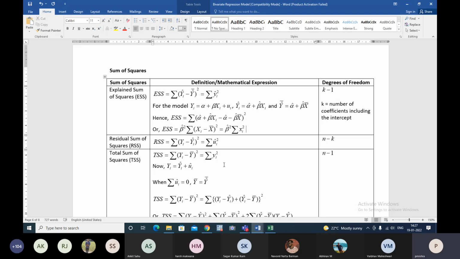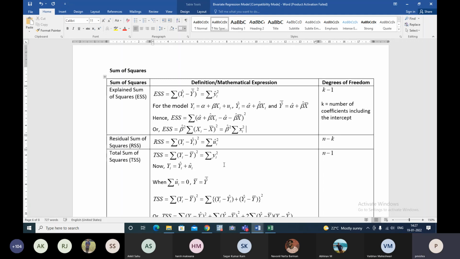Now, this total variation, partly if I consider only one explanatory variable, that is income, and if there are, for example, some other factors that I don't consider in this particular model, then obviously a part of the variation would be explained by differences in income and a part will remain unexplained.